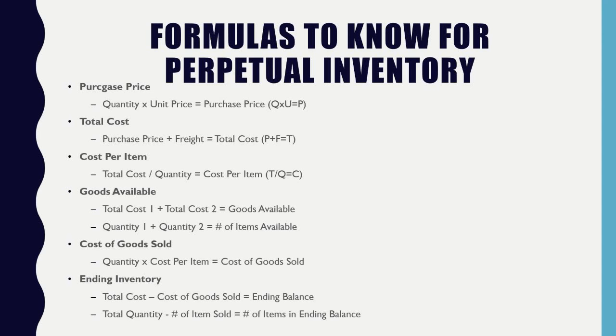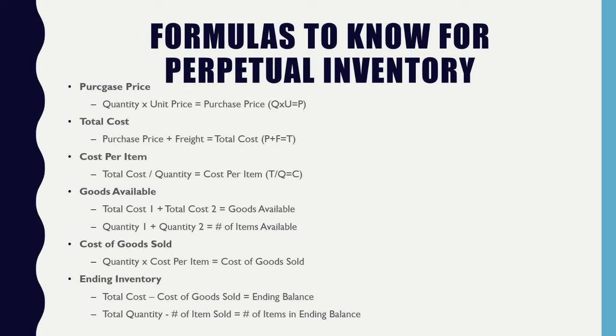Once again, you're going to have the same three formulas that are standard between any kind of inventory method. In this case, we need to solve for our purchase price, our total cost, and our cost per item, because we are looking at LIFO.